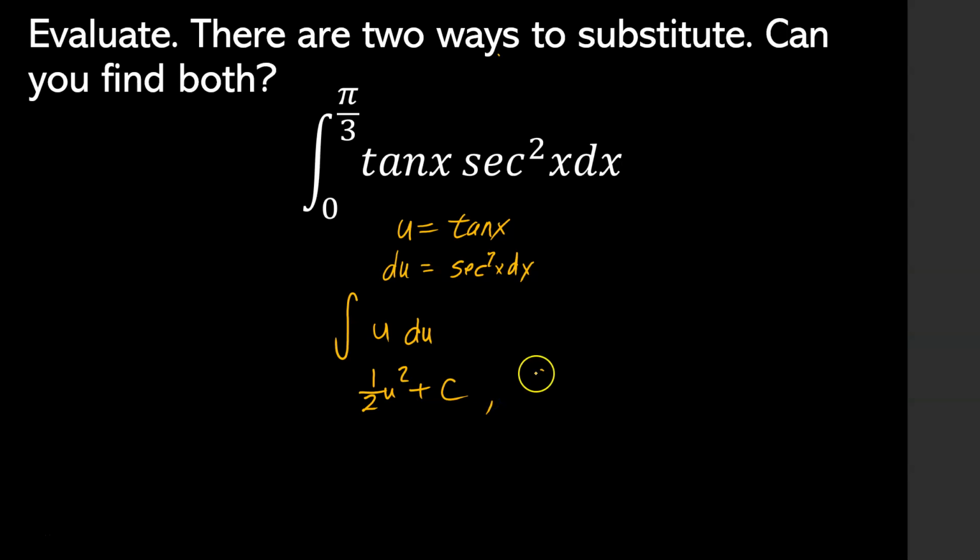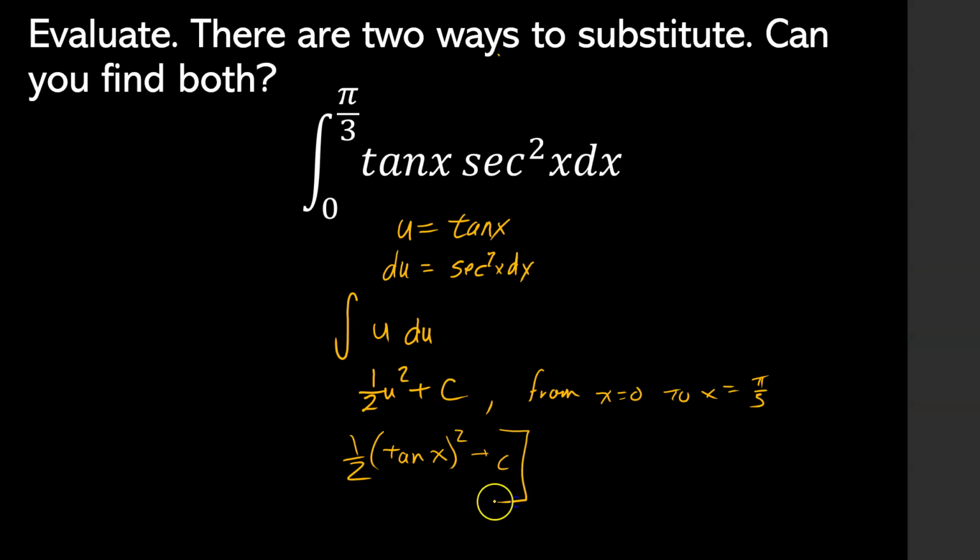And then from x equals 0 to x equals pi thirds, that's going to be 1/2 tangent of x squared plus c evaluated from x equals 0 to x equals pi thirds. From there, I'm sure you can figure out substitute pi thirds, substitute 0, and subtract. I don't like that way.